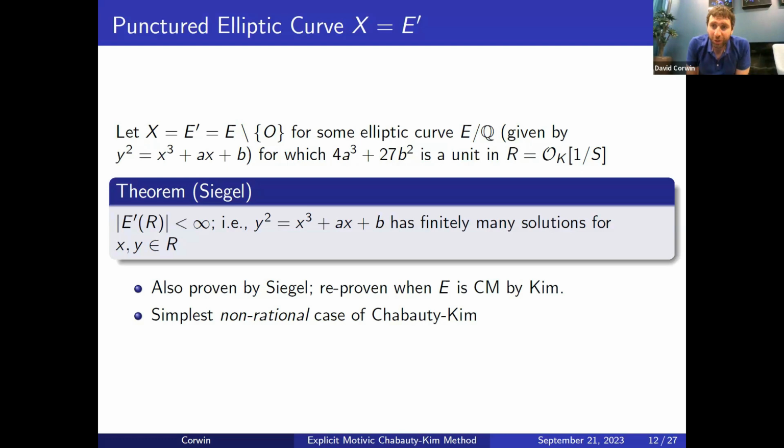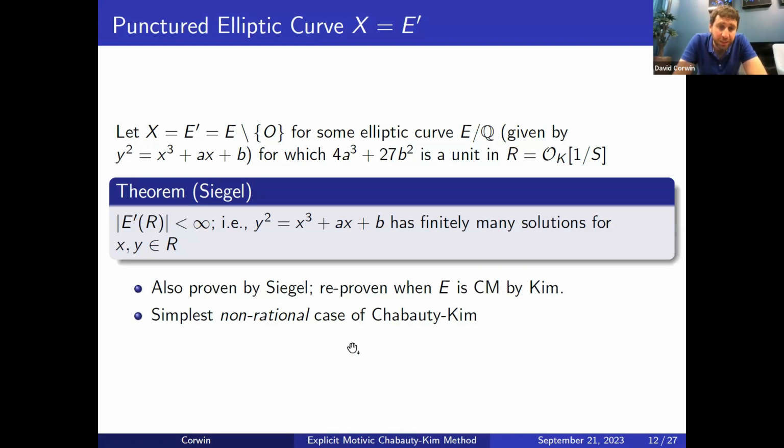An elliptic curve has Euler characteristic 0; you take out a point, you get Euler characteristic -1. Rational points, or integral points, or S-integral points, basically means finding S-integral solutions to the Weierstrass equation. This was proven by Siegel, and reproven by Kim, not in general, but only when E is CM. That's because the Iwasawa theory becomes simpler when E is CM.